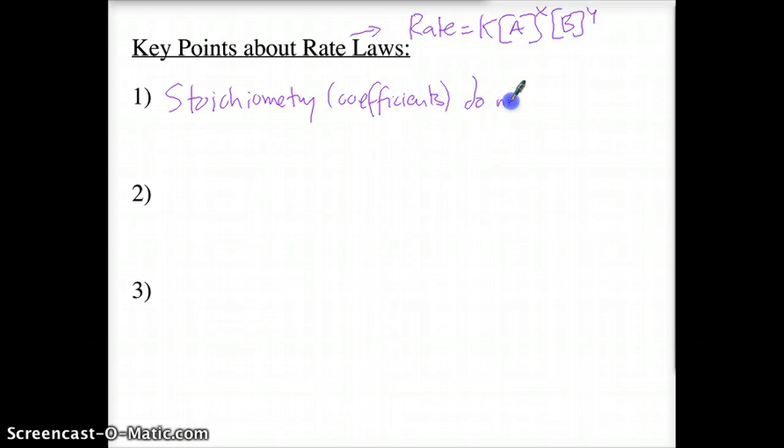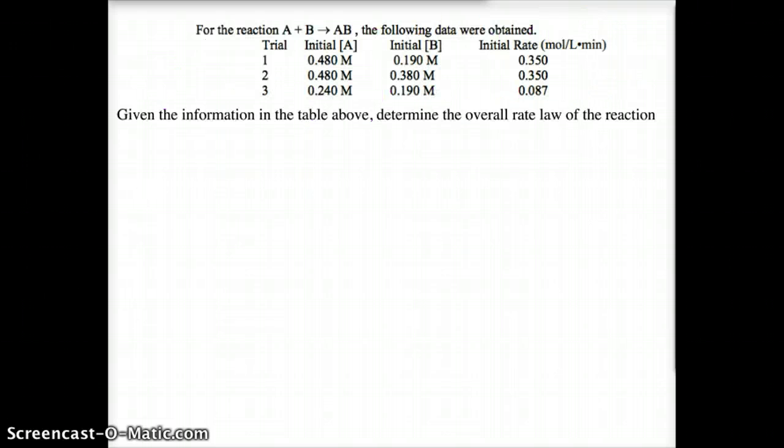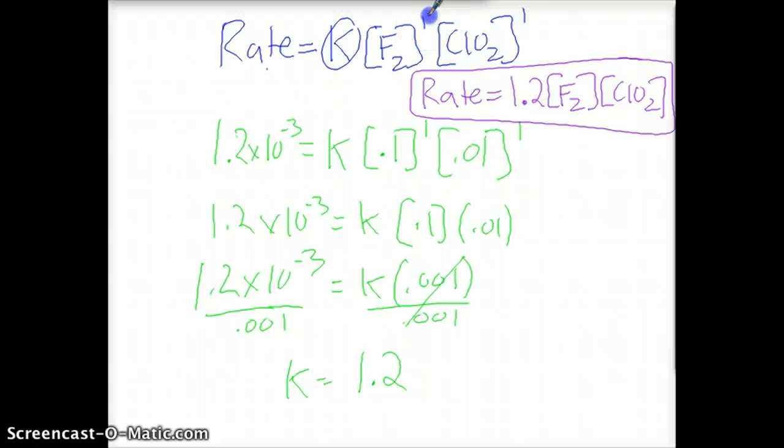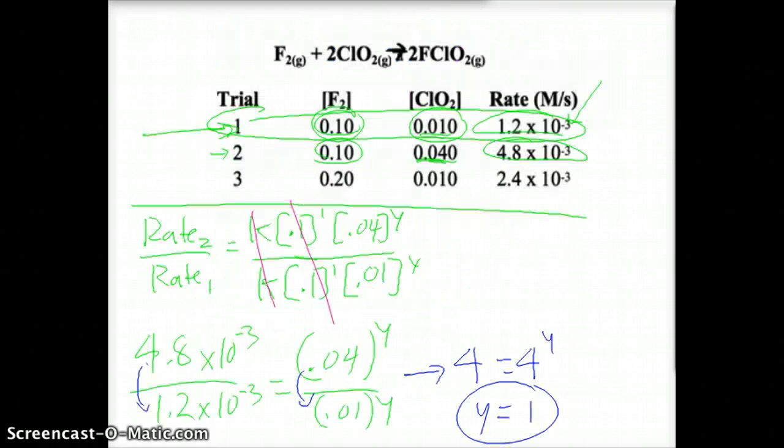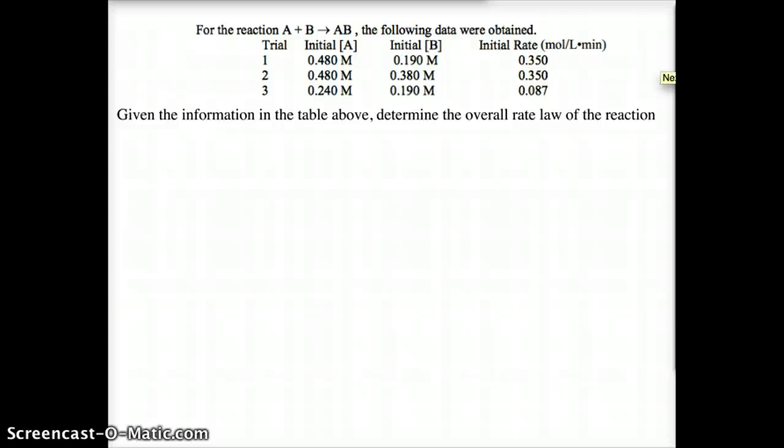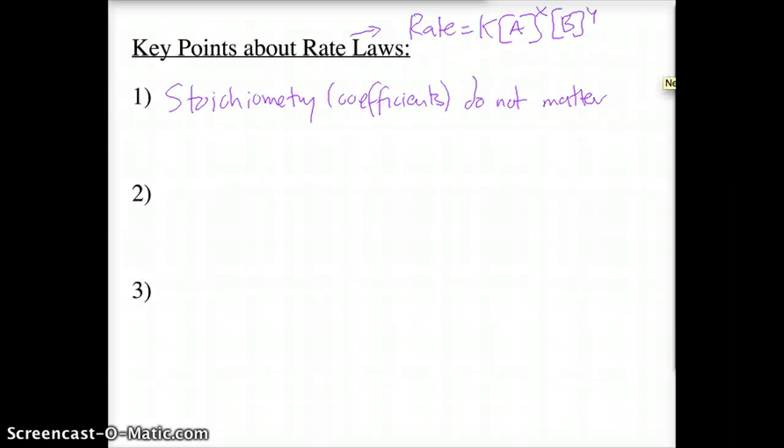They do not play any role in your rate law. So for example, if we go back, this is our final answer. Ones were the powers here. But if you look at the equation, there was a 2 in front of ClO2. That played no effect. So stoichiometry does not matter when you're determining the rate law.